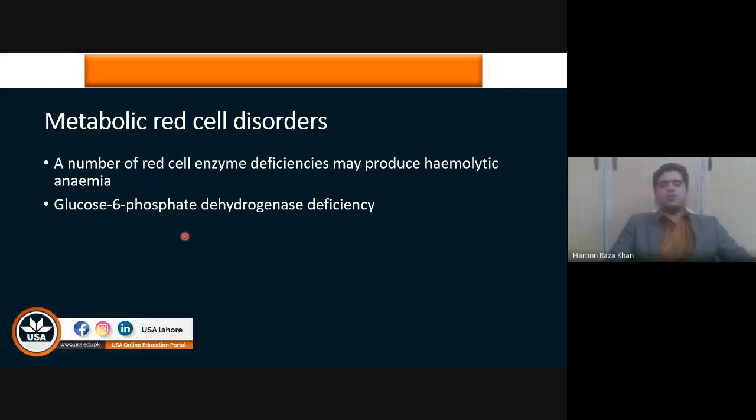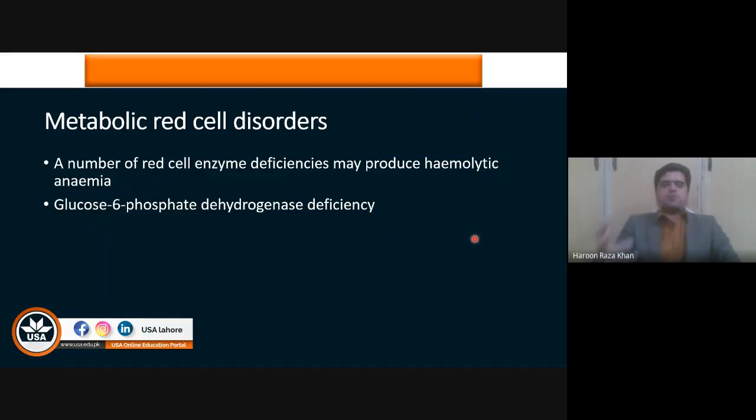So, the deficiency of this particular substance leads to metabolic type of RBC disorders. So, let us now talk about this glucose 6 phosphate dehydrogenase. Now, this is basically an enzyme.